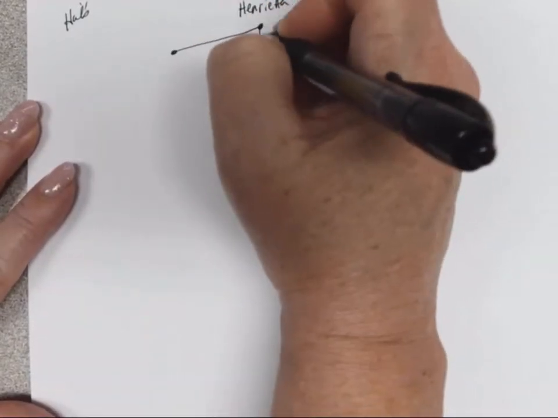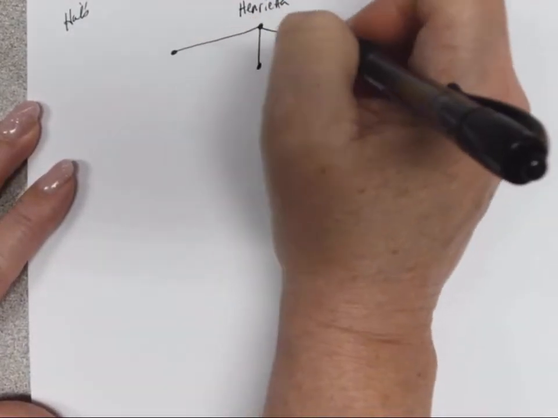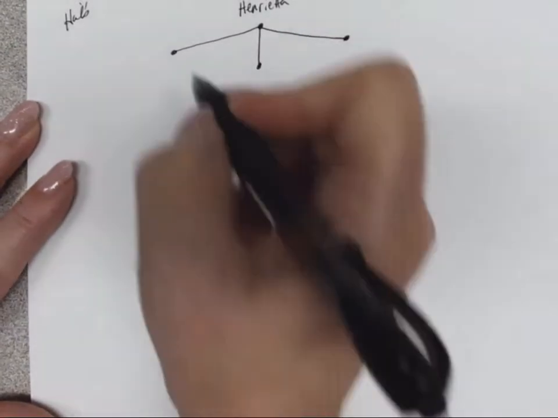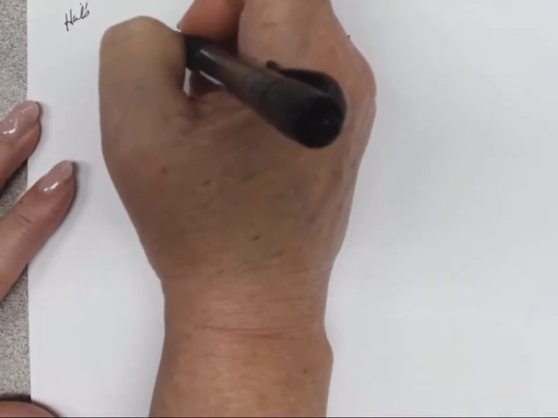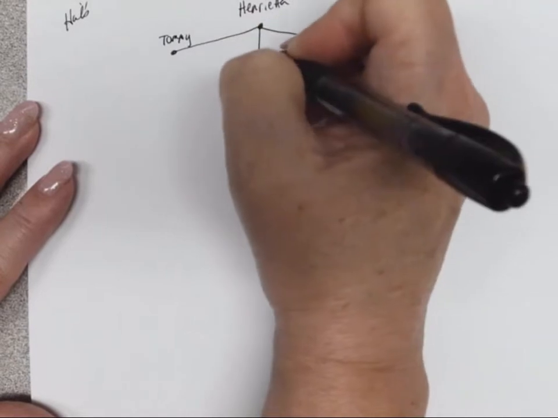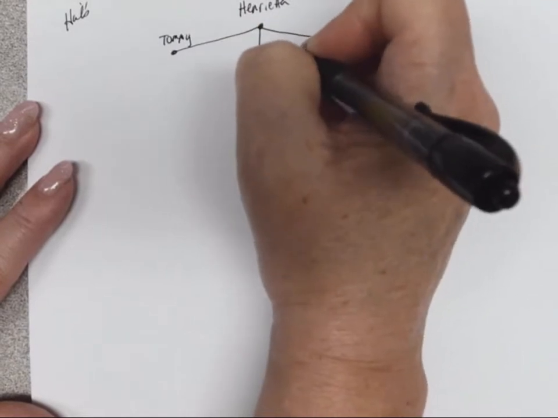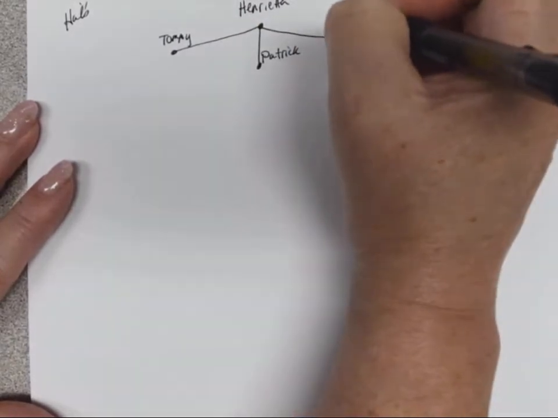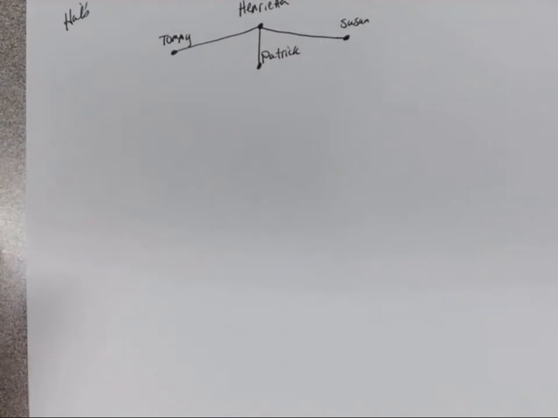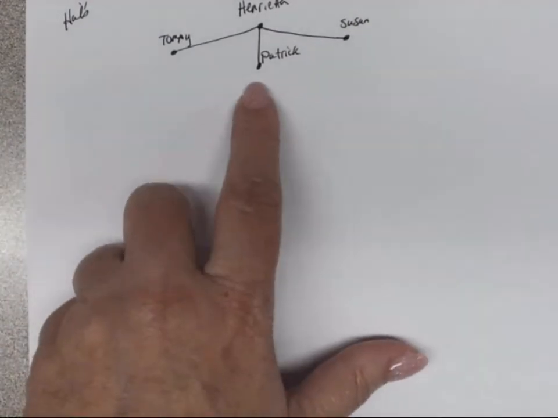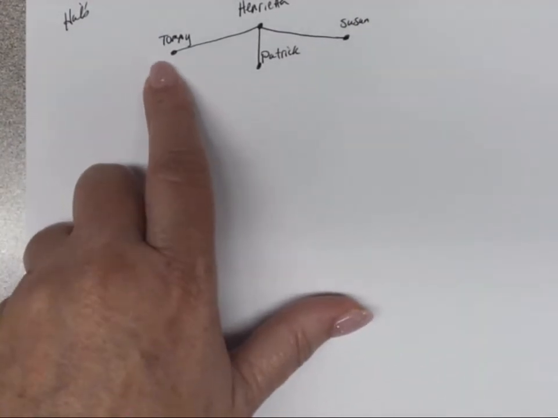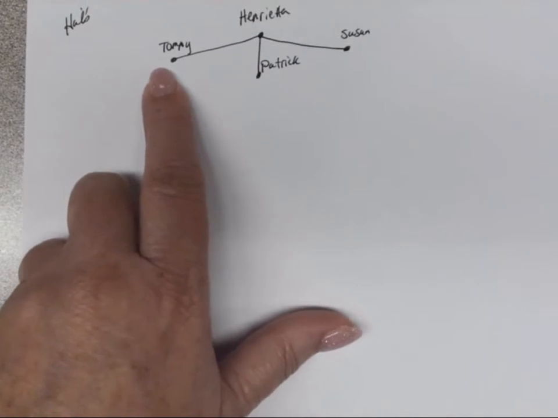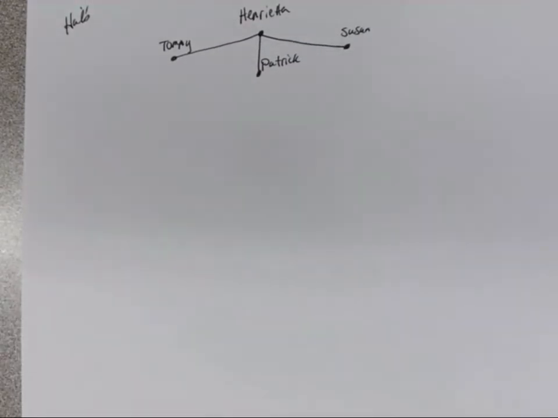So I'm going to draw 3 parts off of Henrietta, and this will be Tommy, Patrick, and Susan. The order in which you list them is not important. Notice I'm not writing them beneath there because I still have to draw some more lines off and I don't want gaps. I want it to flow smoothly.